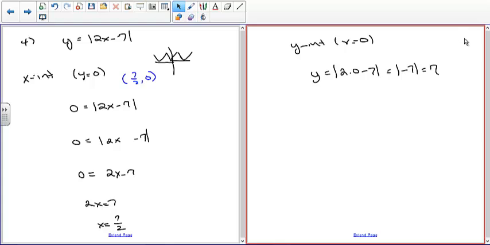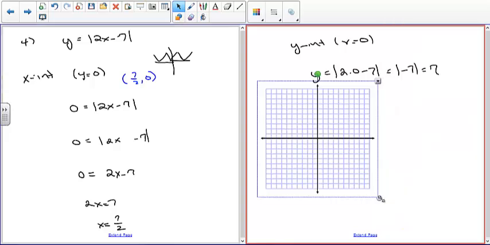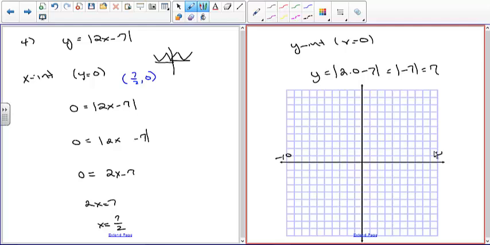So let's plot this thing, because absolute values sometimes we're not quite as familiar with what's going on. So you'd have the x-intercept, it's 7/2. Let's go from negative 10 to positive 10. So 7/2 would be 3.5. 1, 2, 3, 3.5. So that's my x-intercept.